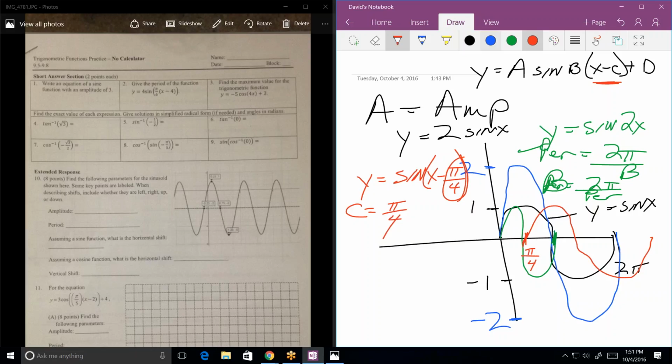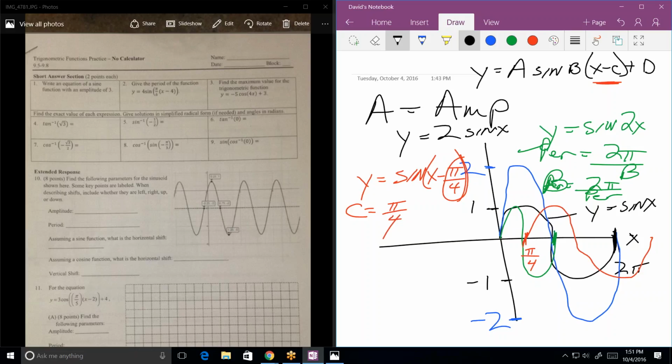Well, if I go back to the black graph, which is merely y equals sine x, remember that's 2 pi. Okay? And these x coordinates are very important. With these sinusoidal functions, you want to be able to quarter up.